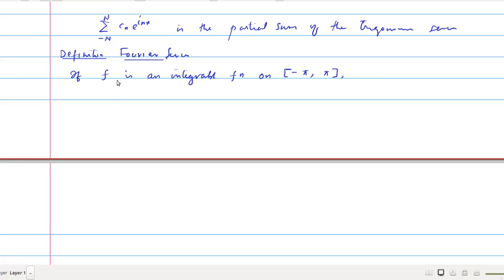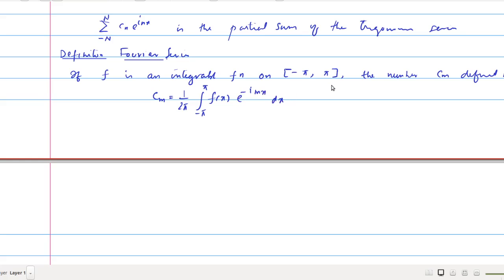Then, if we start with an integrable function f from this interval, we define the numbers c_m by the equation c_m equal to 1 by 2 pi, integral from minus pi to pi of f of x e to the power minus i m x dx.